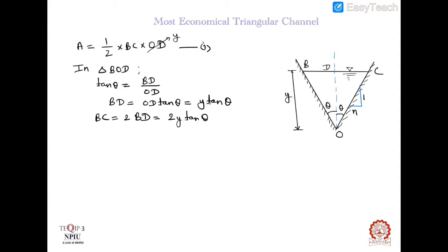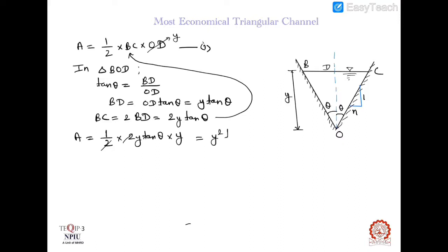Substitute this value in equation number 1. So area of flow will be half of BC, which is 2Y tan theta, times OD, which is Y. So it will become Y square tan theta. So this is area of flow.